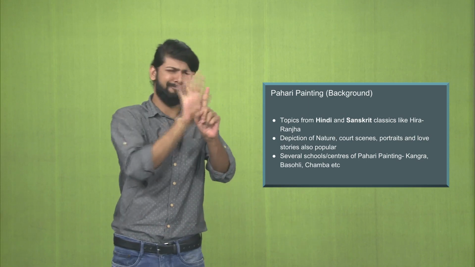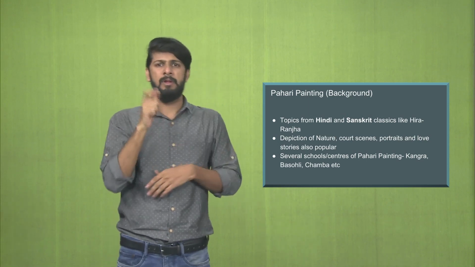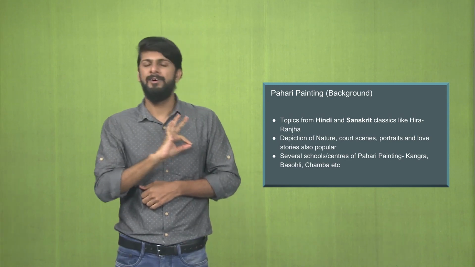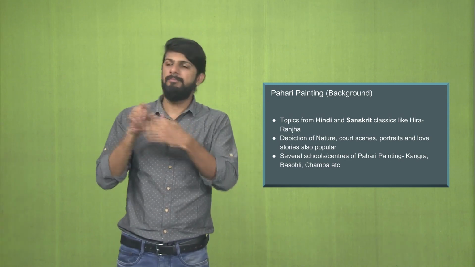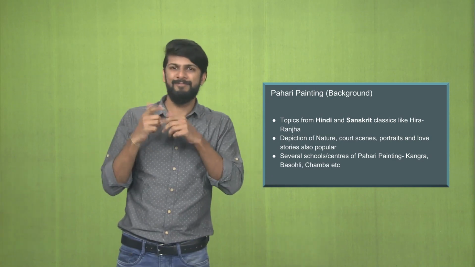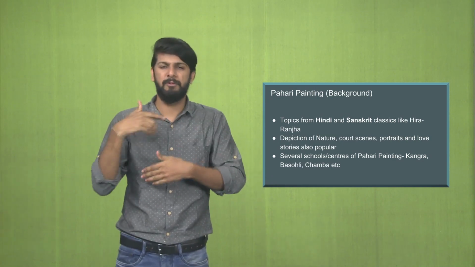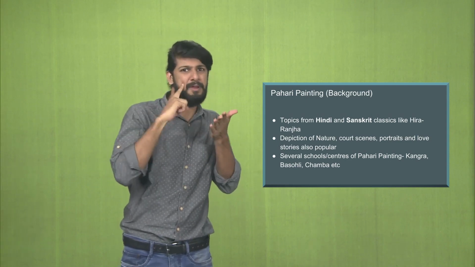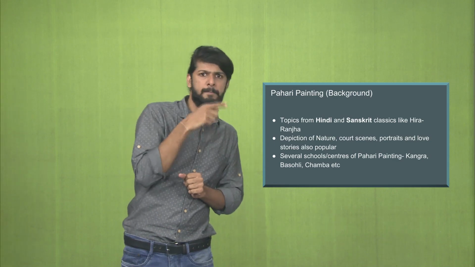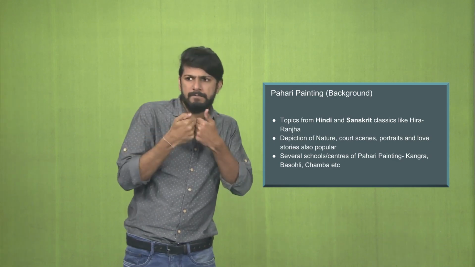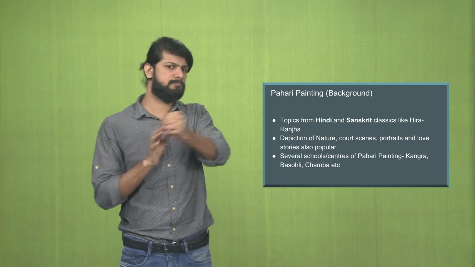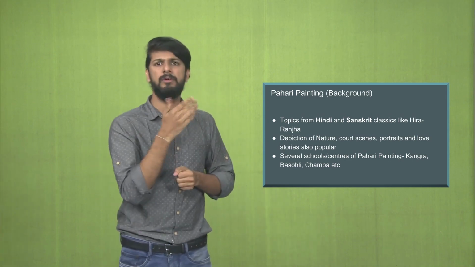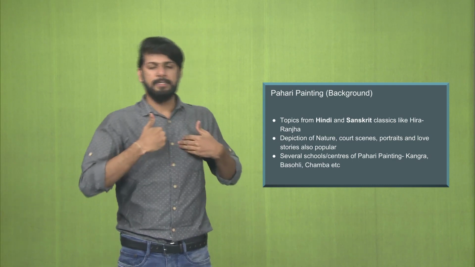Let us understand the story of Heer and Ranjha. This was long back in Punjab area where both of them really loved each other. But as time would have it, Heer's family got to know and they were not happy with this relationship, and they forced her to marry someone else.